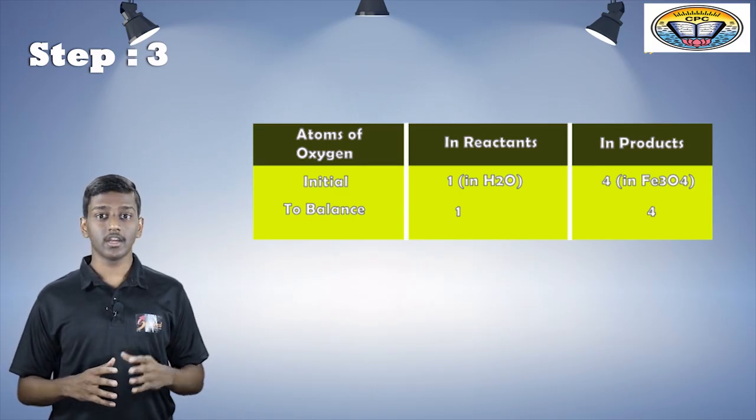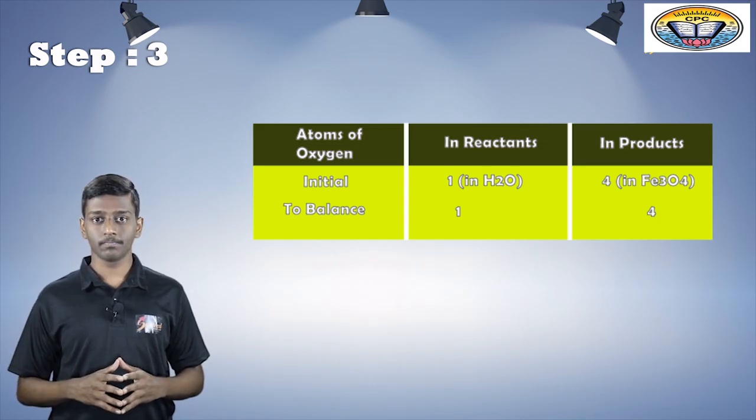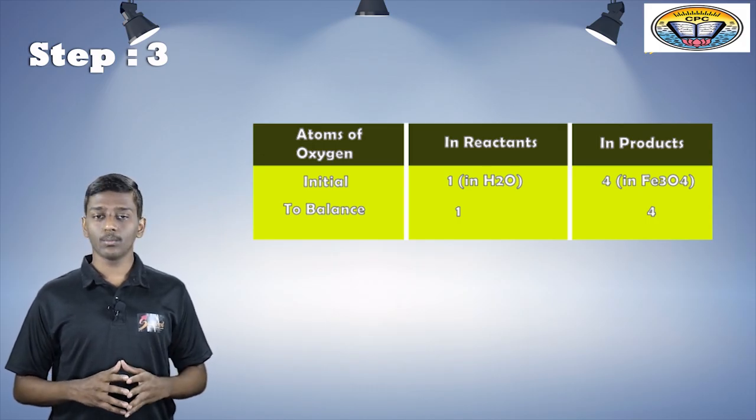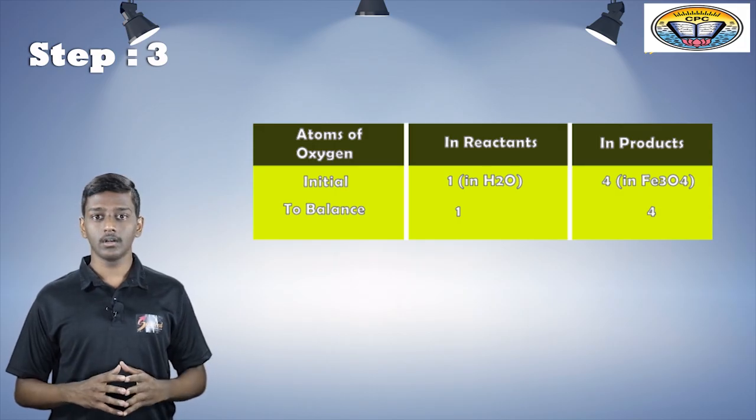We see that there are 4 atoms of oxygen on the right hand side of the equation and only 1 atom of oxygen on the left hand side. To equalize the number of oxygen atoms, we cannot change the formula nor change the compound. We have to introduce a numerical coefficient.